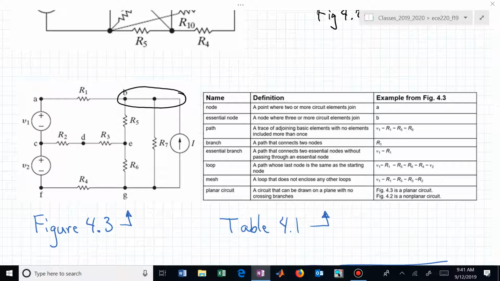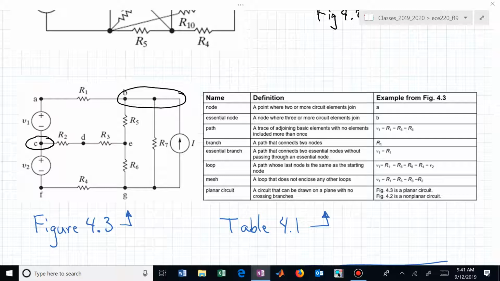What about node C? Is that node essential? Yes. So we can circle that one. What about D? Is D an essential node? No, there's only 2 circuit elements being joined by D, so D is non-essential.